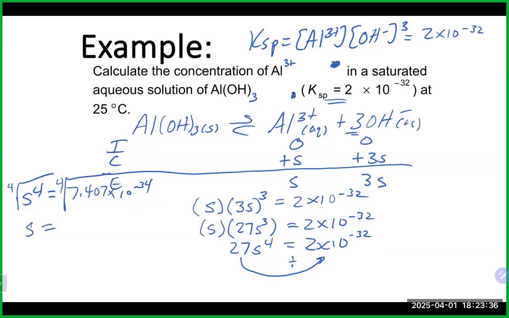Careful on my calculator here. I think I want that button. I'll try 1 divided by 4. That gets me, in scientific notation, 5.2 times 10 to the minus 9 molar.